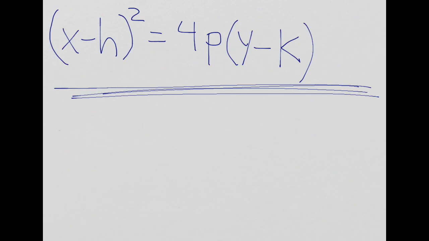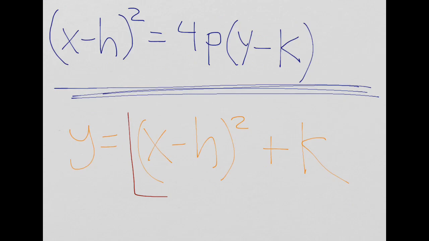All right, please jot down this equation. X minus h, quantity squared, equals 4 times p, hopefully you recognize that p, times the quantity y minus k. Now, first off, try to recognize the similarities between this and our vertex form equation.